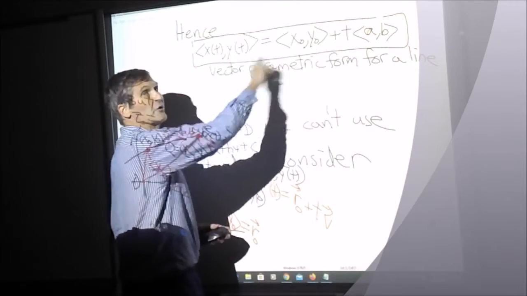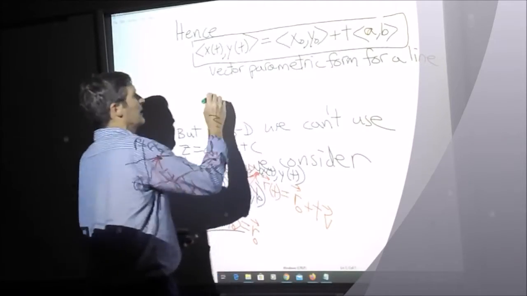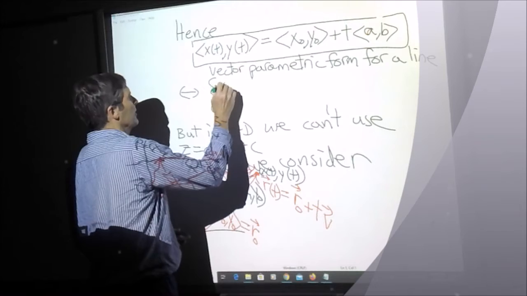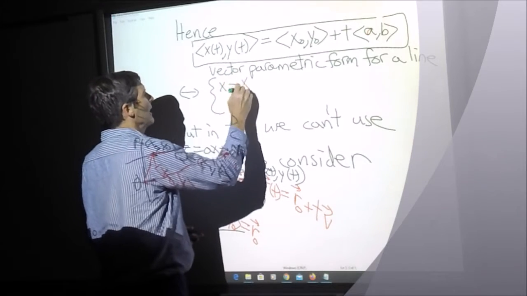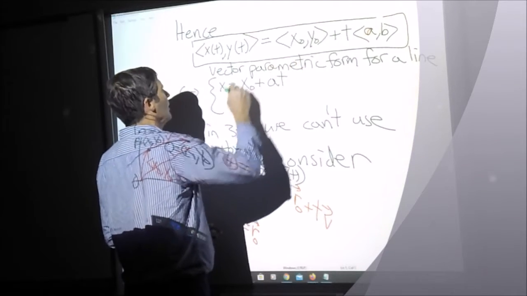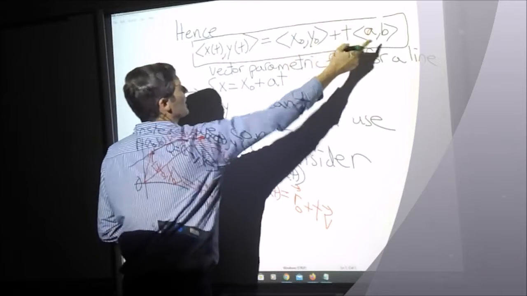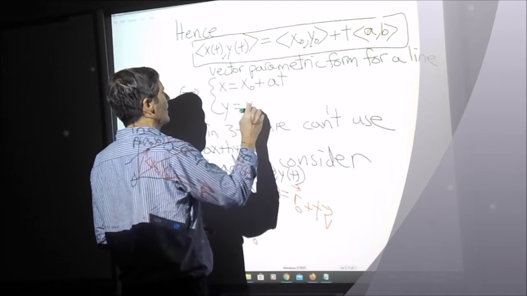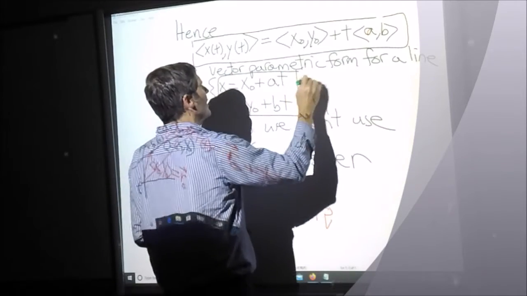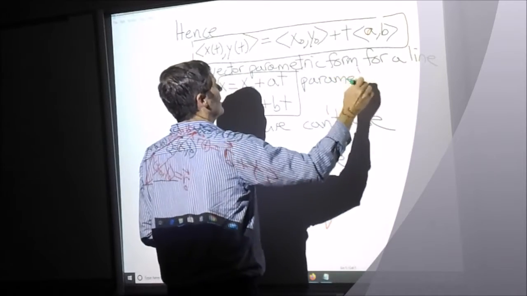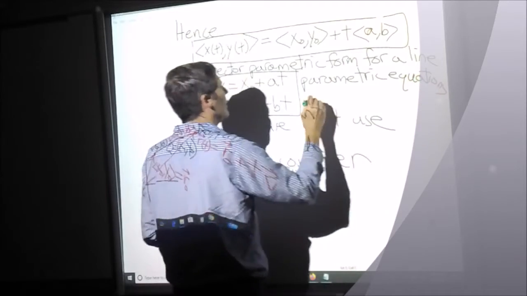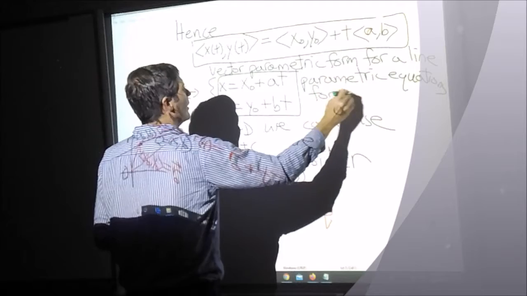Take the individual components. Two vectors are equal if and only if their components are equal. If you rewrite equivalently, x of t, or just x, is equal to x0 plus at. y is equal to y0 plus bt. Equating the components, we call these parametric equations for the line. What line is it?